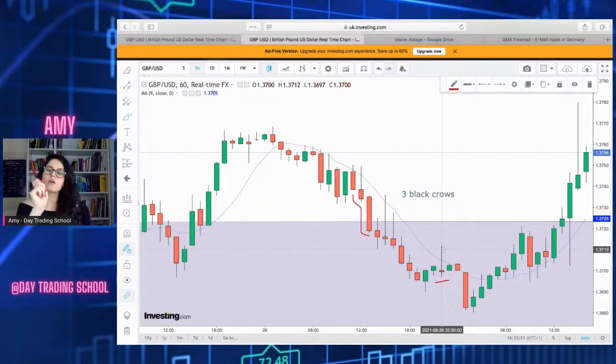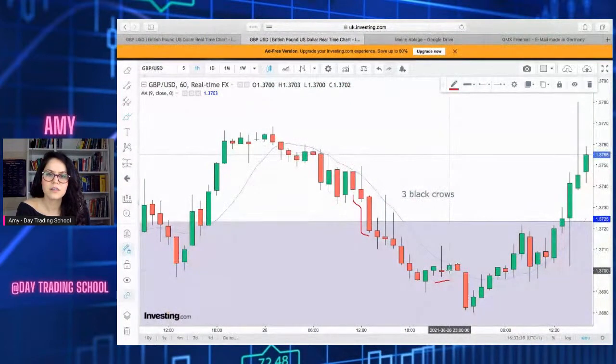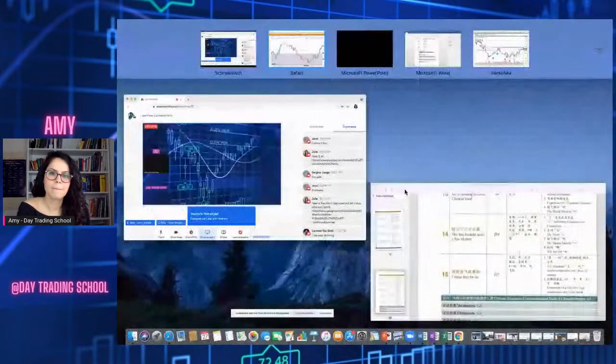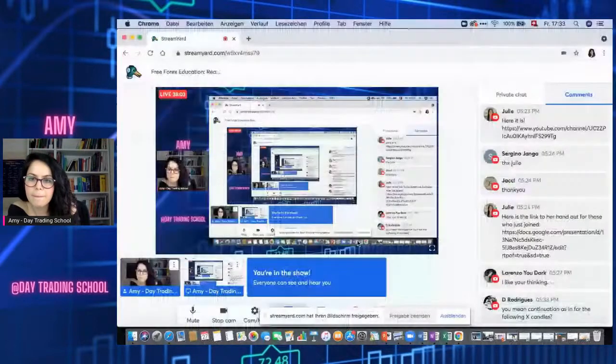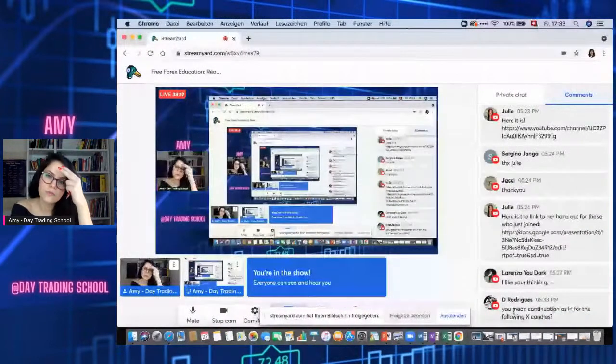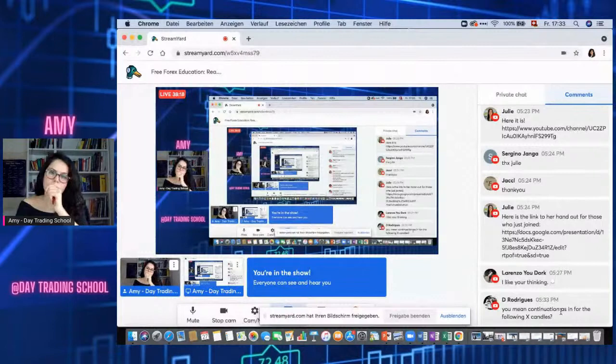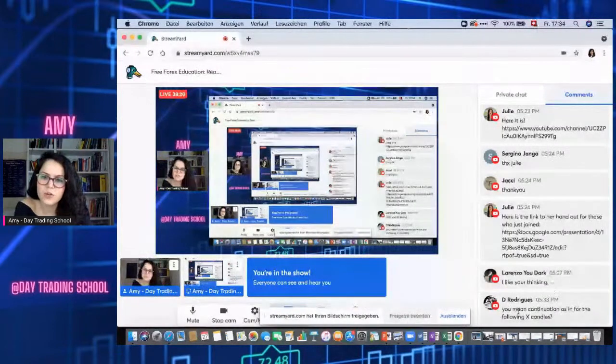A gravestone doji, what does that say? This is now a very important aspect. Wait a moment. To what does that question refer? You mean continuation? Can you explain your question, please?